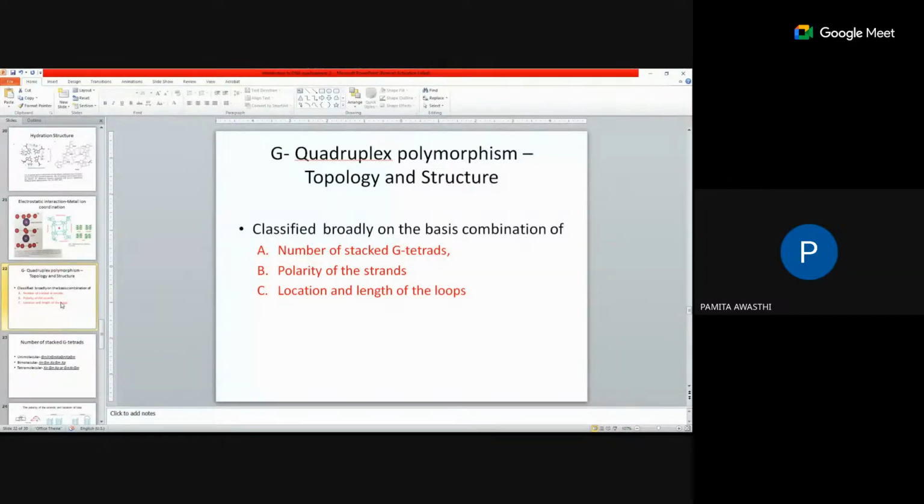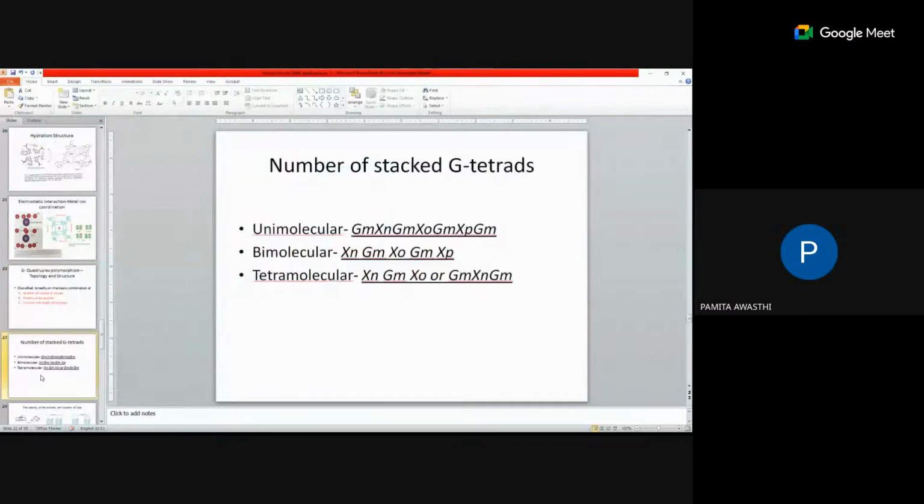We will start first with the number of stacked G tetrads, which can be unimolecular, bimolecular, tetramolecular. When I'm talking of a unimolecular, I'm talking of a single strand. In bimolecular, 2 strands. Tetramolecular means 4 strands forming a G quadruplex.